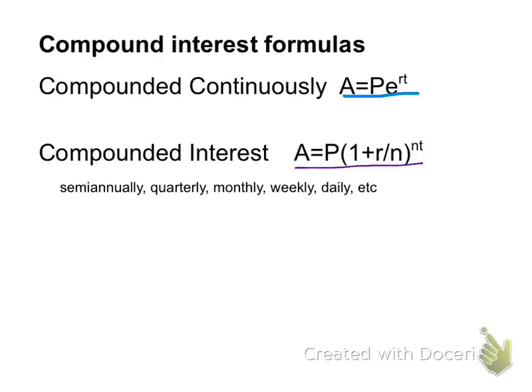So if it's monthly, it's going to be 12. If it's quarterly, that's going to be 4 times. If it's weekly, it's 52 times per year. Daily would be 365, and so forth.